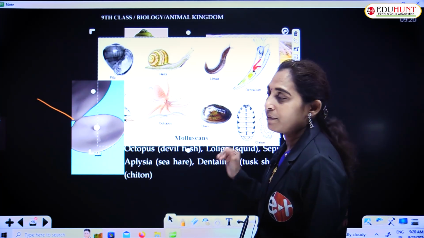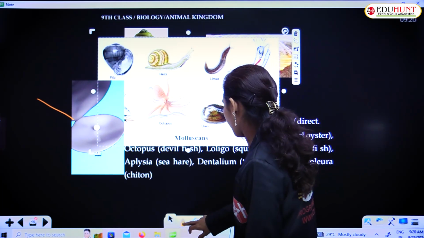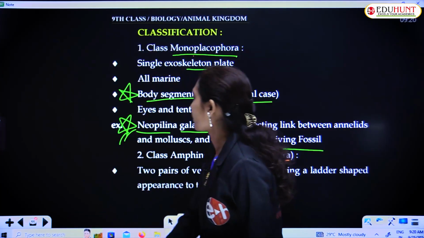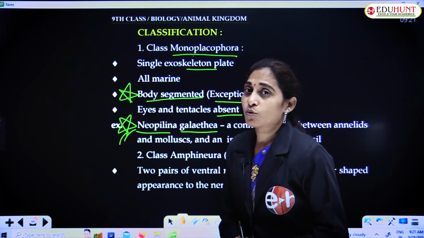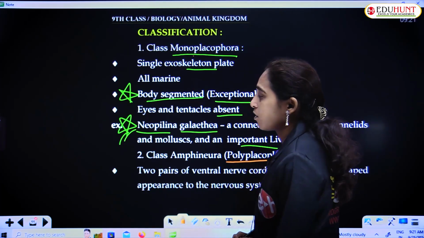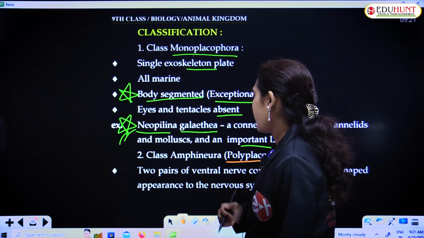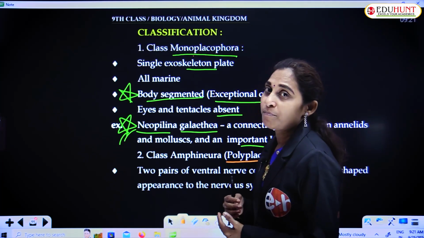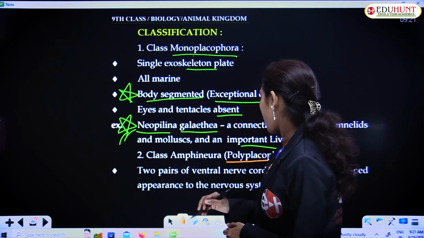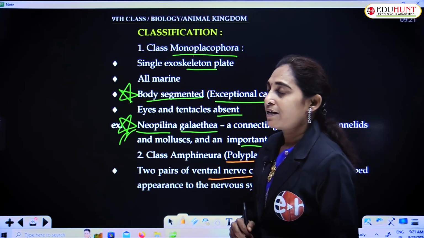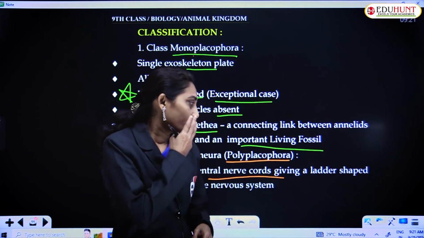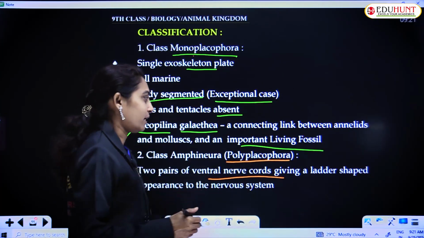These are the many plates. It belongs to class Amphineura, also known as Polyplacophora, because a number of shell plates are there. Two pairs of ventral nerve cords giving a ladder shaped structure like this.